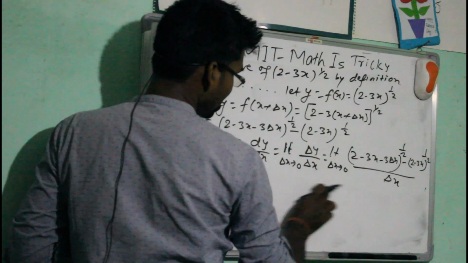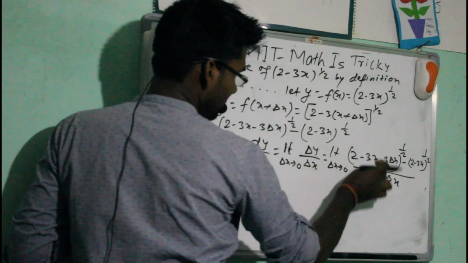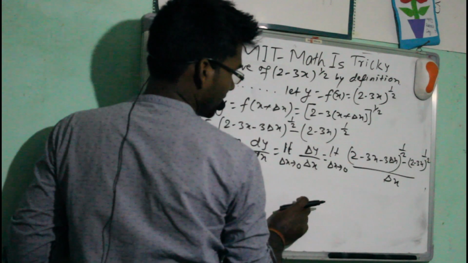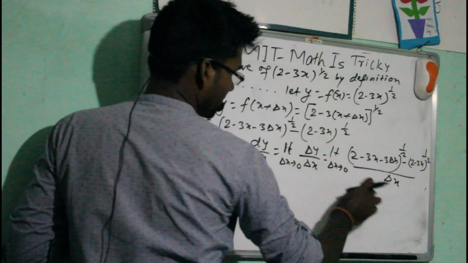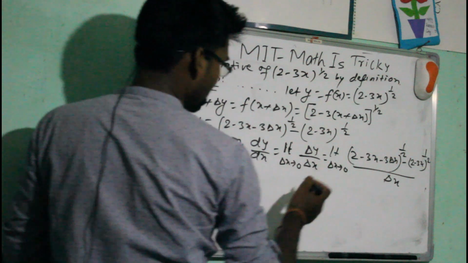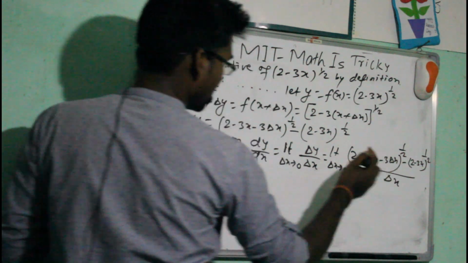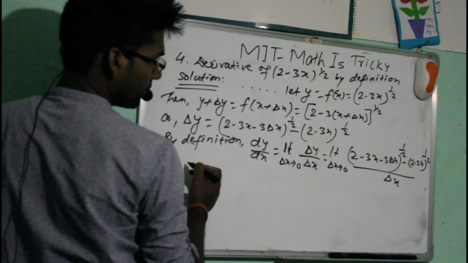After this we can have two methods. We can rationalize and simplify to get the answer. But I am not going to use rationalization. Instead of rationalizing, I am using another method, so I am trying to use the formula of limit.